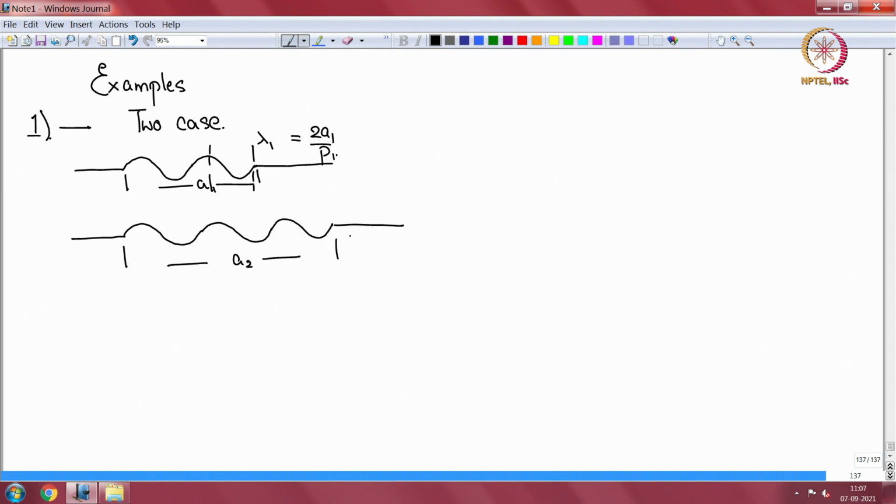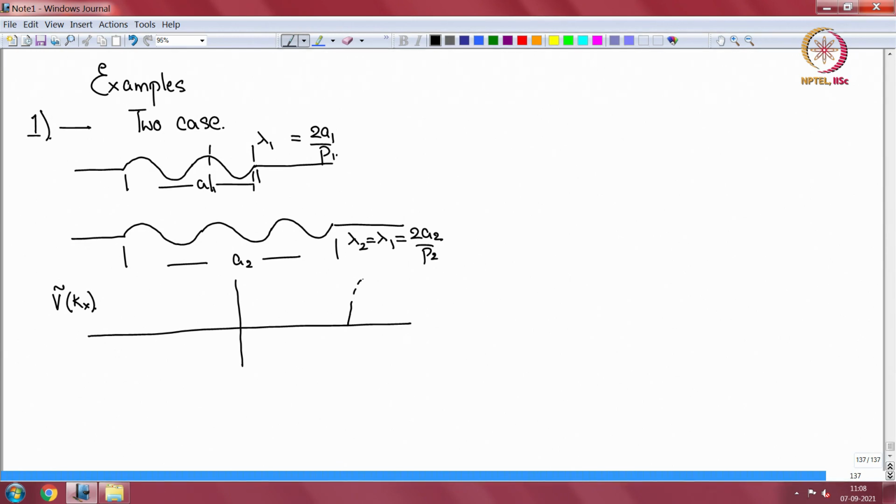So this is also lambda 2, which is equal to lambda 1, but it is twice A2 by P2. The number of half cycles is different. So if you compute the V tilde kx for both these cases, they look very similar.